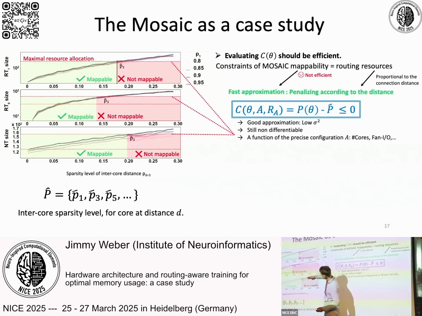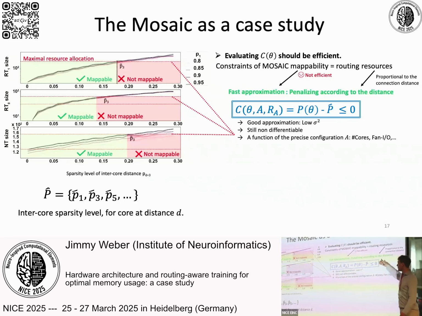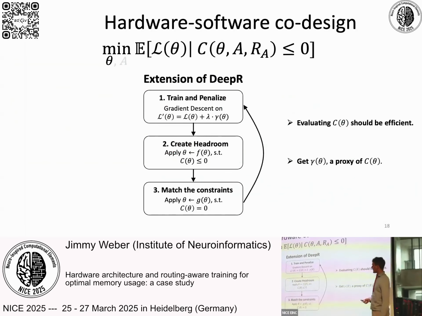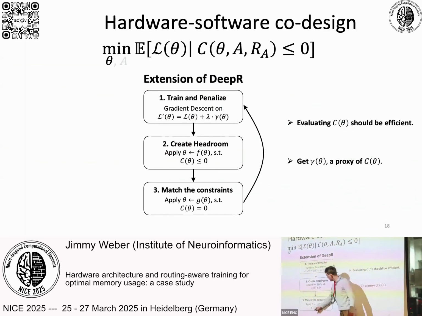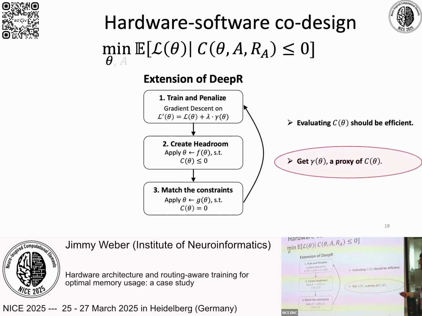If I'm having more resources, then my mappability could increase here as well. All right, so we have this first term, the C, that we will be able to plug here. But as you may remember, we also need this gamma, which is a soft constraint. So this guy.